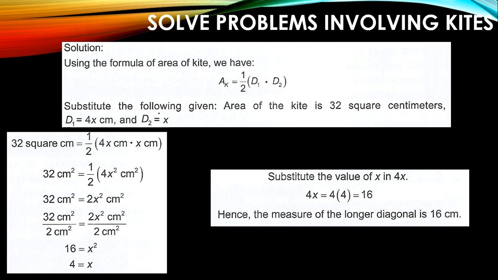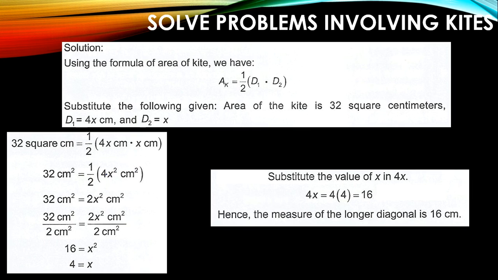So let's substitute. 32 square centimeters equals 1/2 times 4x centimeters times x centimeters. Then you can solve without using the unit of measurements, but since this one uses units, let's discuss it. So this is 32 cm squared equals 1/2 times 4x squared cm squared.